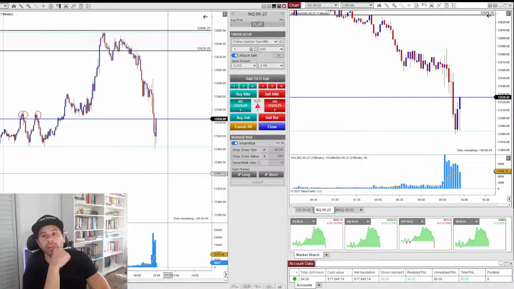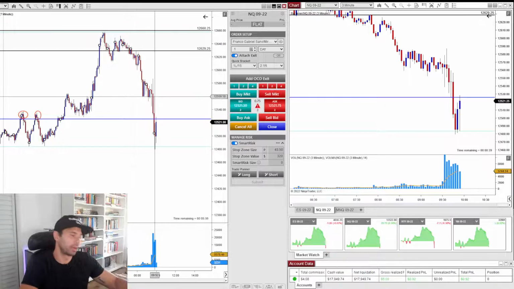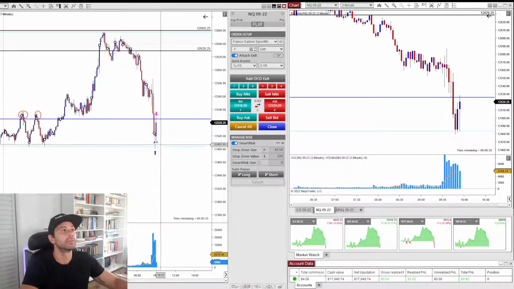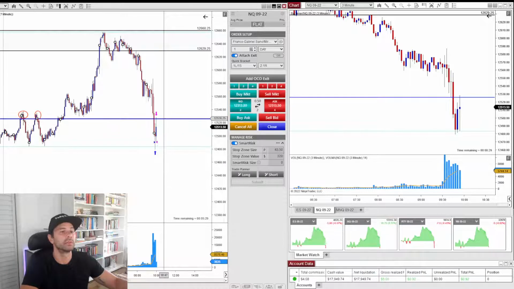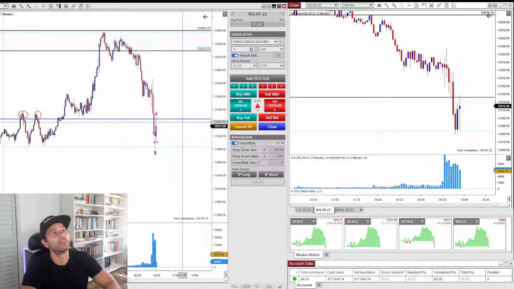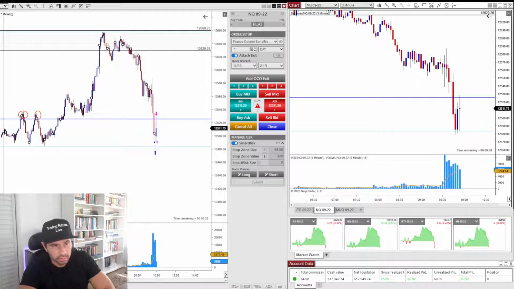So yeah, I was taken out break even here. This is my trade today. It went to my target. I will have to review if I just moved my stop too fast, or the volatility just took me out.